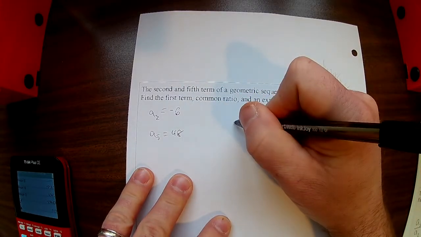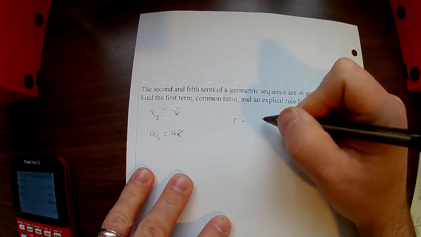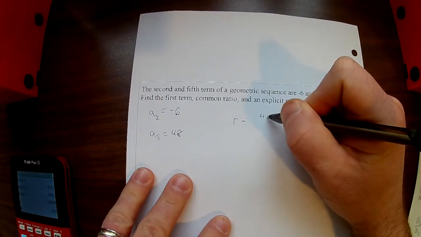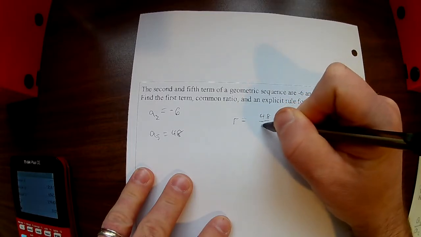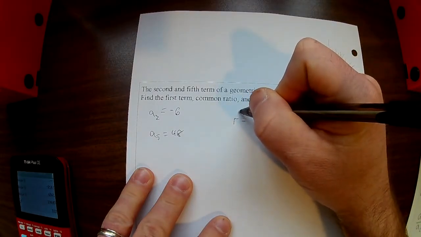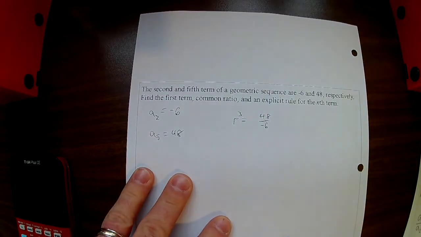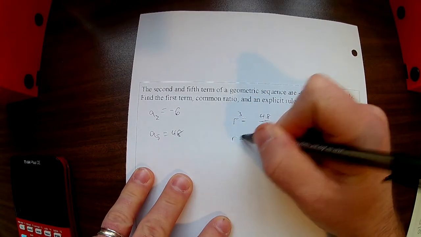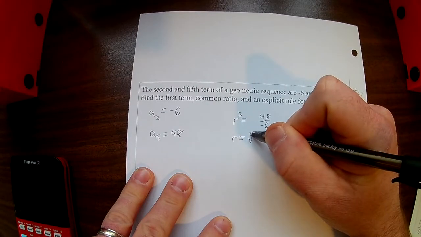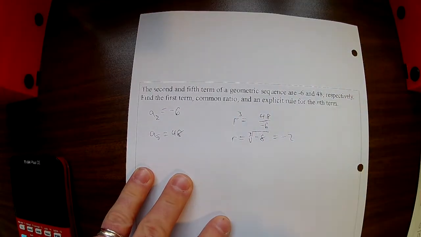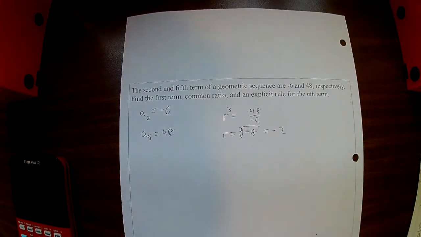So thinking backward a little bit, I would have 48 over -6, but that's not the common ratio here. This is 3 times of my common ratio, so I'd have to take the cube root. r is equal to the cube root of -8, which is -2. All right?